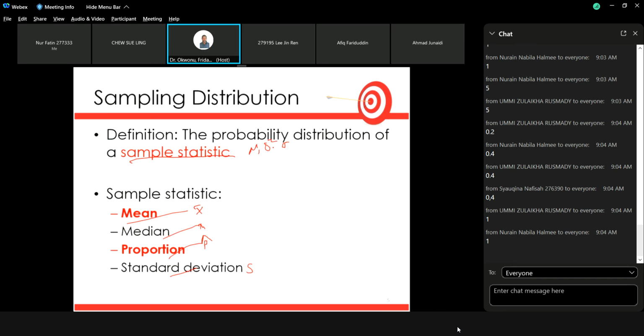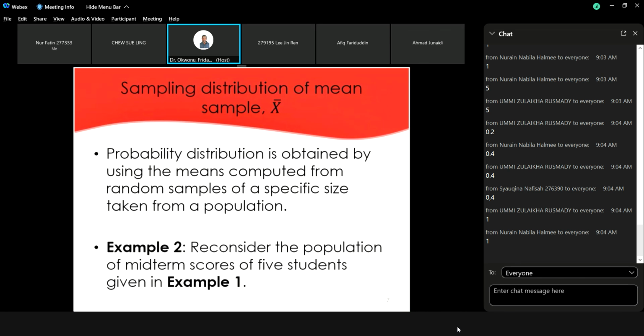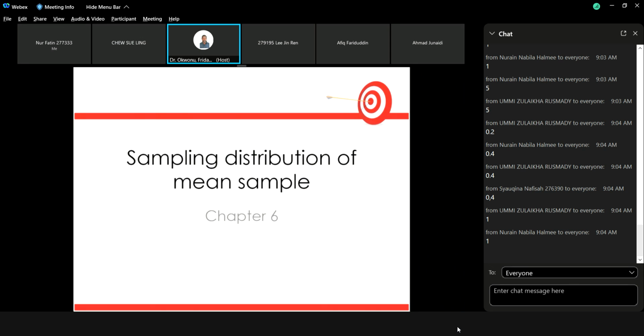So they are different. So in sample statistics or sampling distribution, these estimates are represented with English letters. Next, sampling distribution of mean. Take note of this. We stop here today.